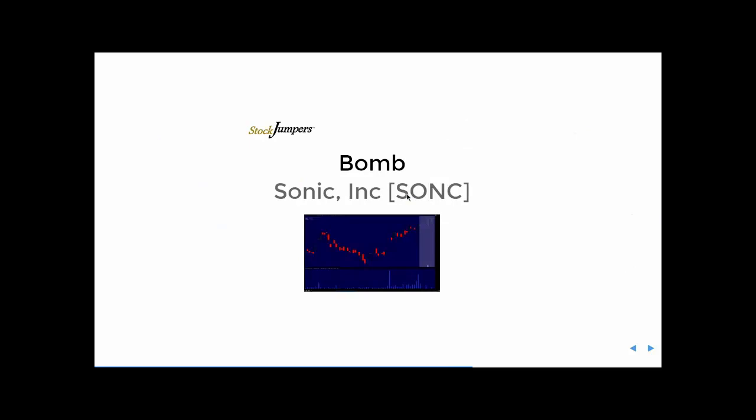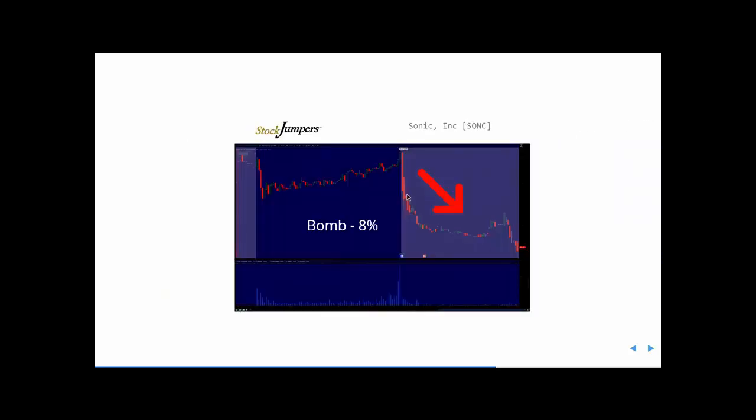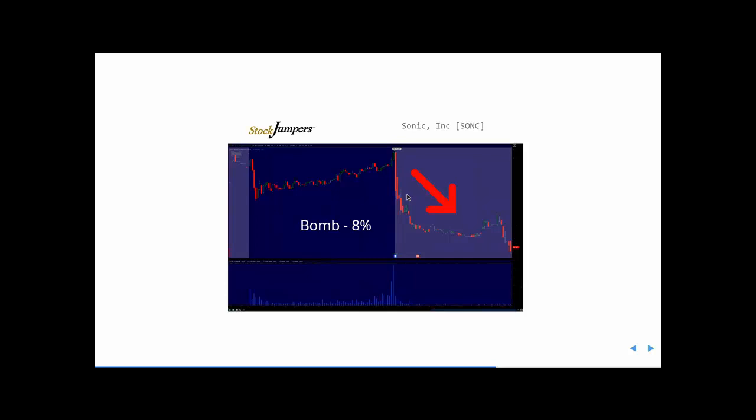So here's a bomb. These ones we don't like. Of course, this was Sonic. It was a great jump, though. What happened was we had it up, but if you look, it immediately dropped right at close. You can see the huge spike in volume down at the bottom where it had just a huge amount of trade. The nice thing about these trades is it wasn't a huge gap down, so you were able to get out. It did go down to 8%, but if you look right in here, you were able to get out at about that 5 or 6% zone, just where that stop loss would have triggered.